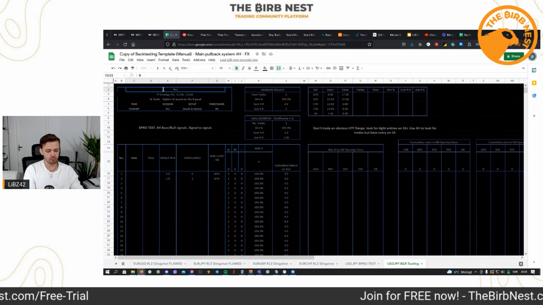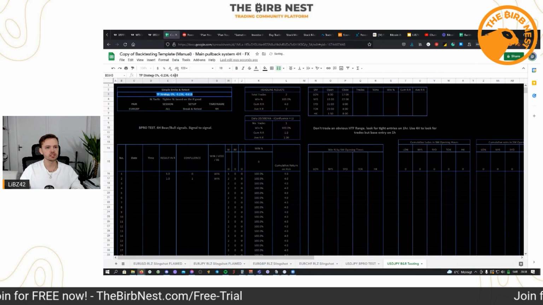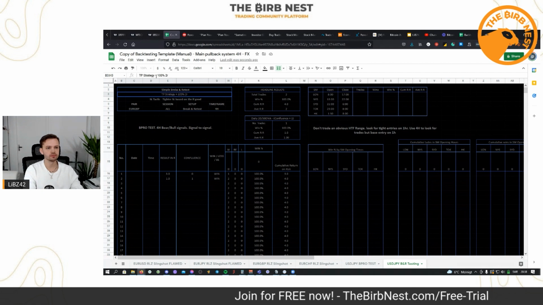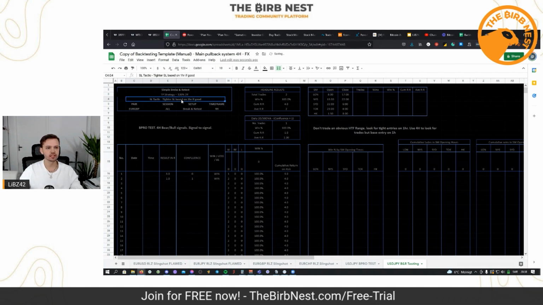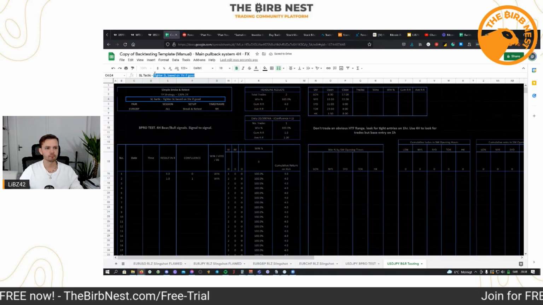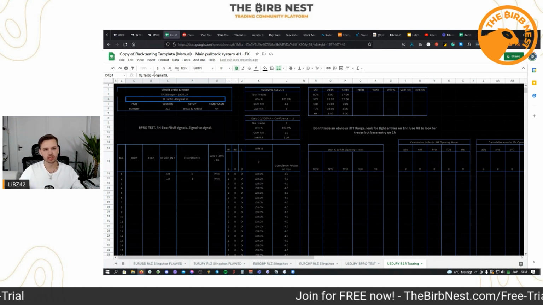We can name this template simple break and retest. TP strategy is just going to be 100% at 2R. Stop loss tactic will be original stop loss. So always original stop loss. We're not going to move the stop loss.